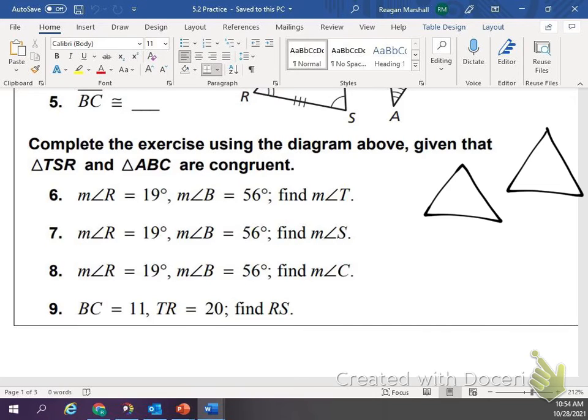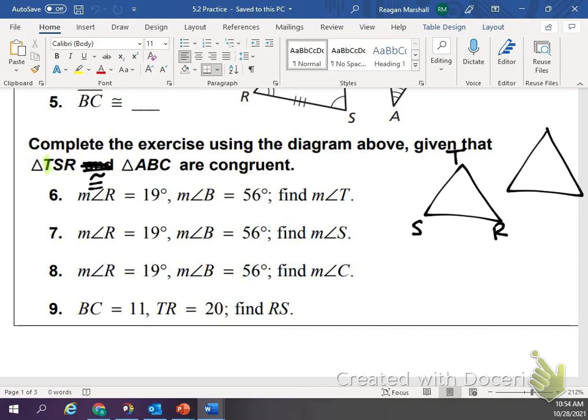So we have TSR and we have ABC. Normally a congruent statement has a congruent symbol, but we're going to take this as our congruent statement. TSR is congruent to ABC.